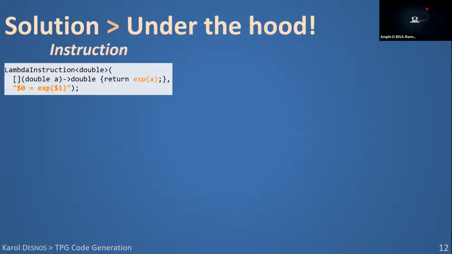To specify an instruction, you will use a piece of C++ code that looks like this, where you specify your instruction, you specify the type of parameter it will take, you specify how it will run when it is run within the C++ framework, and you will also specify templates for code generation. So each time I am encountering this instruction in a trained graph, I know that I can use this kind of regular expression template to generate the C code for the standalone inference code.